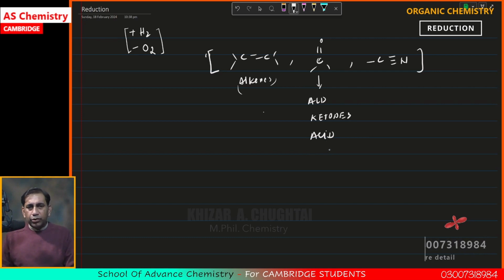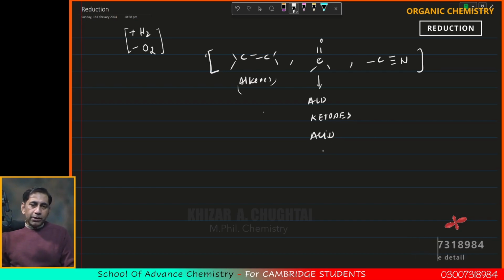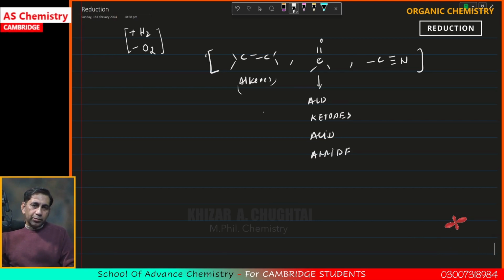Whenever I talk about the acid, that is a carboxylic acid. Acids can be reduced, and amides can be reduced. So generally there are these different compounds that can be reduced.